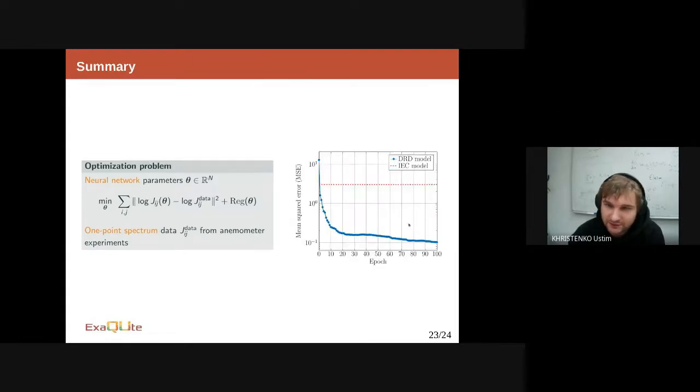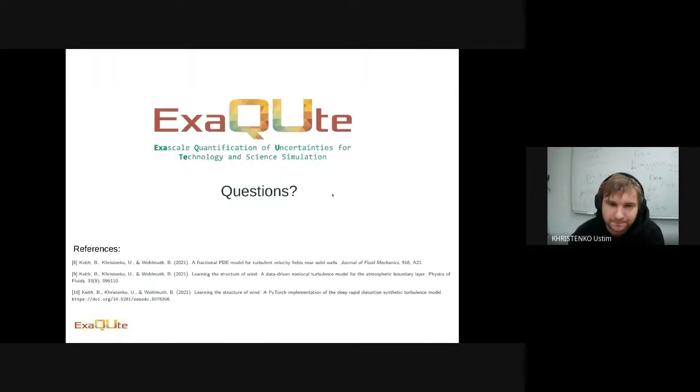And this is the learning process. This is the objective function, the misfit. Blue is the objective function during the learning process as a function of the iteration, and the red dashed line is the objective function value for the standard model. So we can pass to the questions.